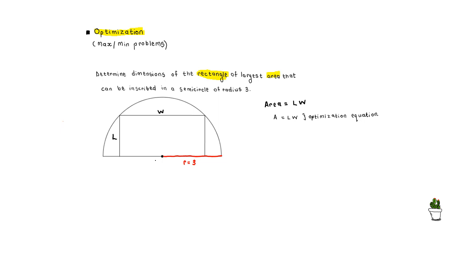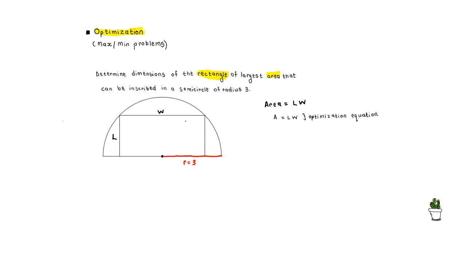So what we need to find now is what is called the constraint equation. The constraint equation is basically the equation that tells us what we are allowed to work with. For this specific example, we need to notice that from the center to anywhere on the circumference of the semicircle, we have the radius r.